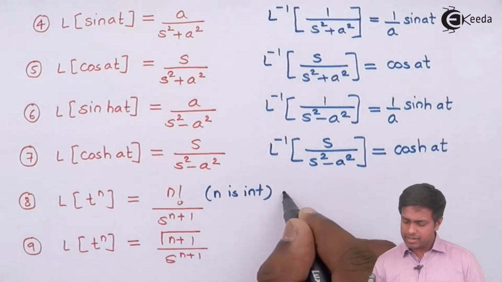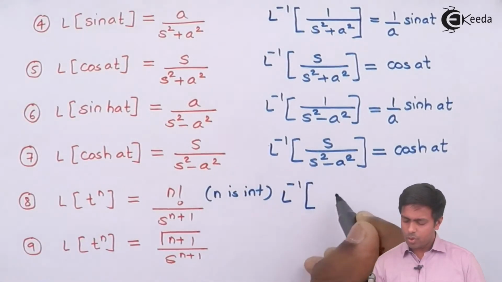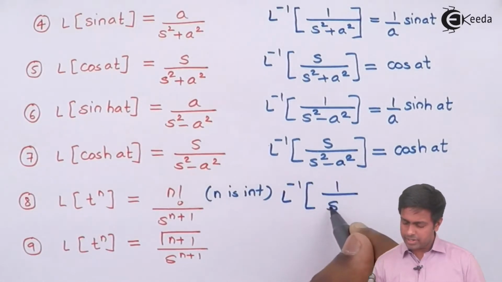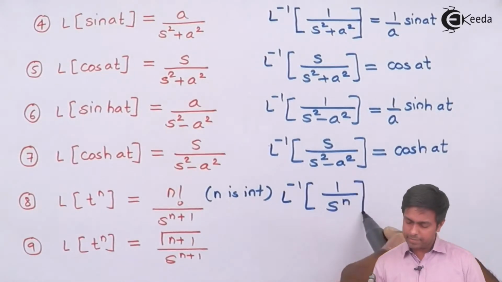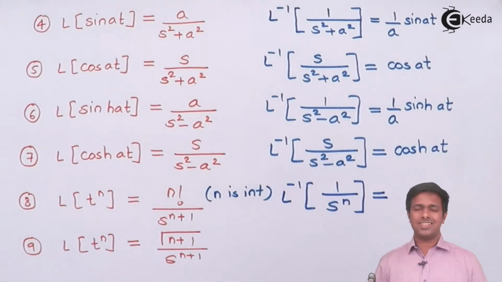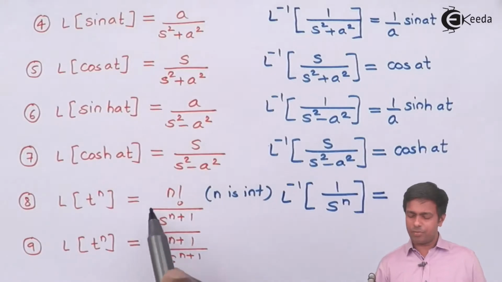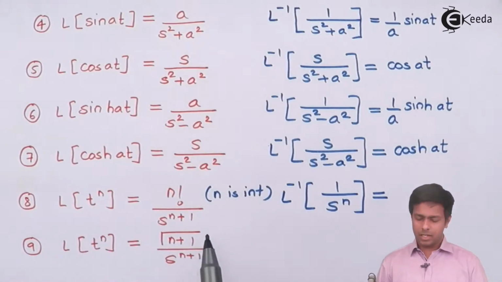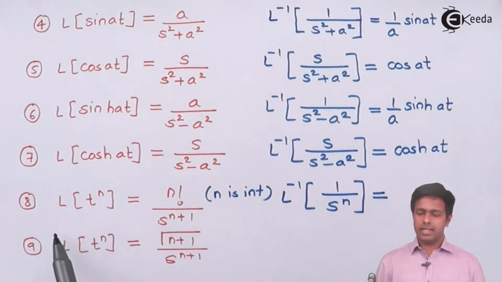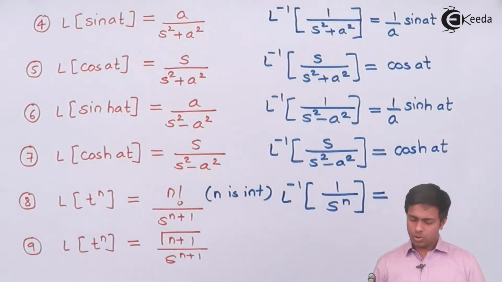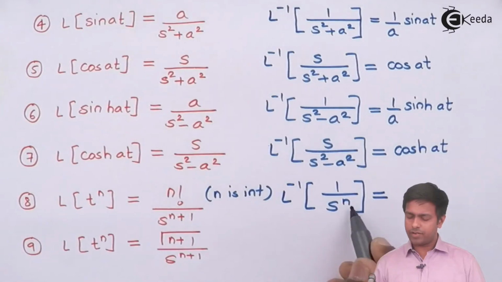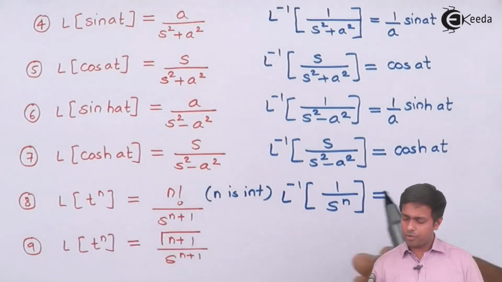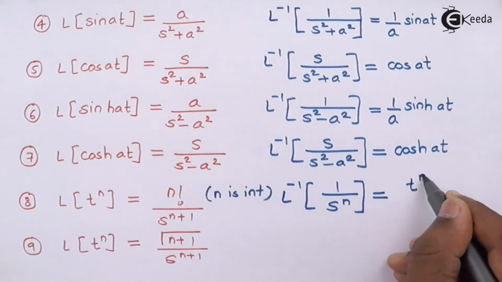So here I'll write L inverse of 1 upon s to the power n. Now guys, see carefully how I am changing this formula. We have seen that the power of t is 1 less than the power of s. Here the power of s I have considered as n, so the power of t becomes n minus 1.